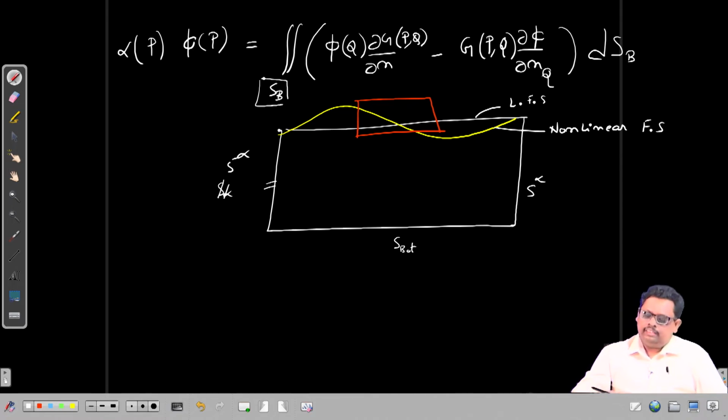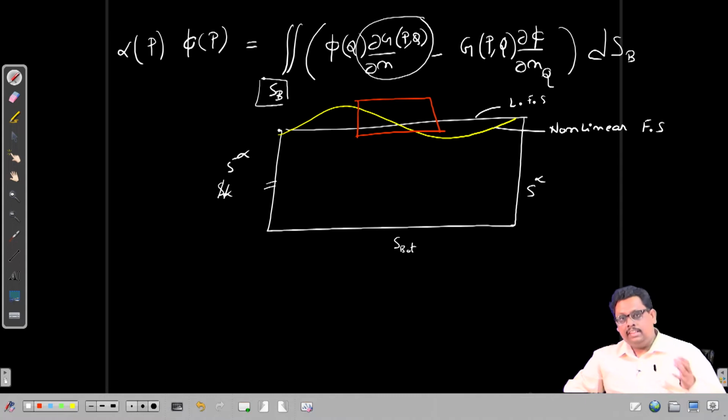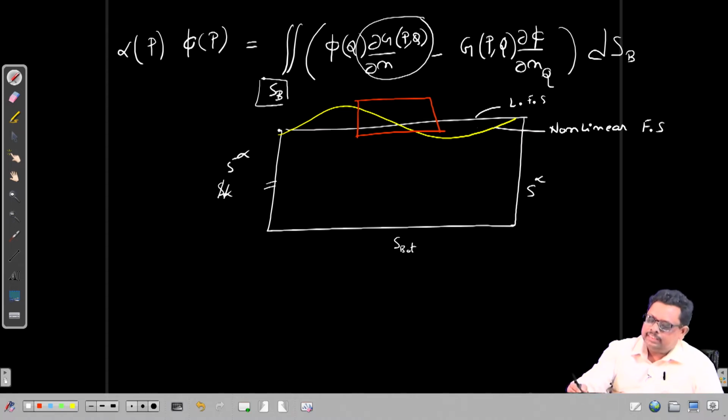Now, here we need to discretize the whole boundary, right. However, based on the choice of the Green's function, again I repeat, sometimes we only need to discretize the body, or sometimes we need to discretize the free surface and the body.